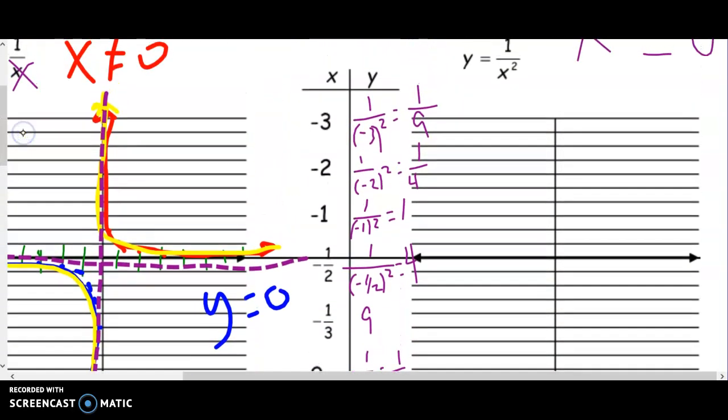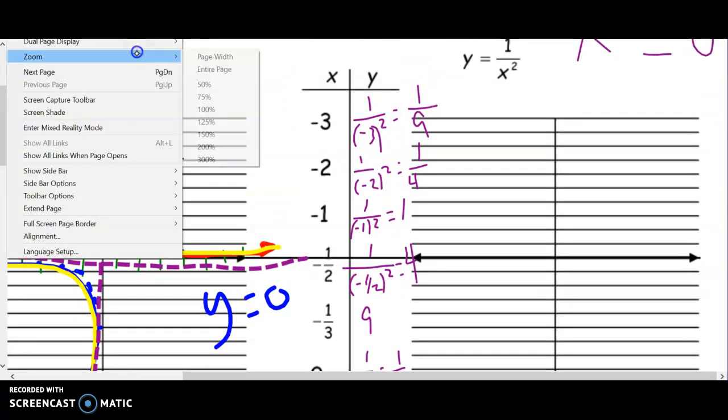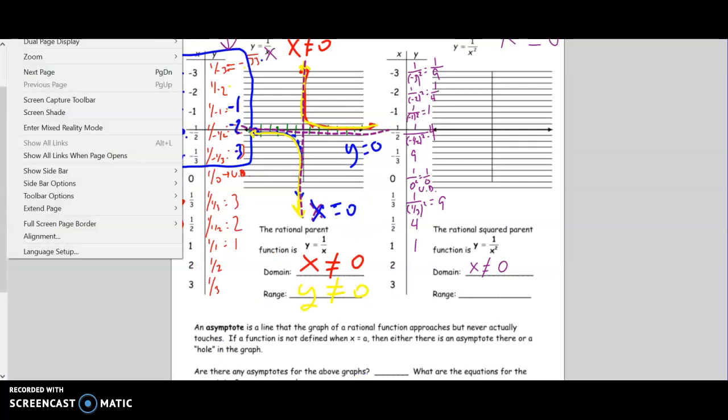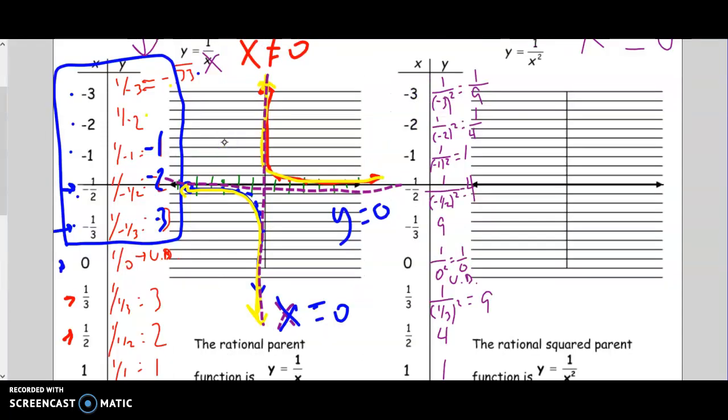All right, let's do some plotting. Zoom back in. 125, 150. That works. And it went higher than 150. That is fine. Okay, let's plot this guy. If you notice, it's getting kind of messy in here. All the y values are positive. So this entire graph will exist in quadrants 1 and 2, everything above the x-axis.